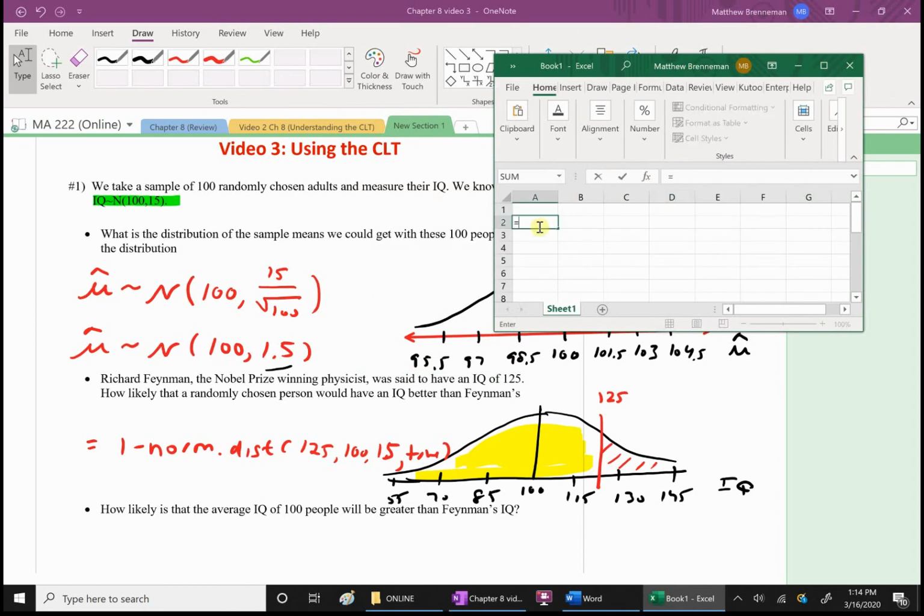And so I'm going to say equals 1 minus norm.dist. The value is 125, the data value. The mean for the normal distribution is 100. The standard deviation is 15. And we always hit true. And I like multiplying it by 100. I like representing the final result as a percentage.